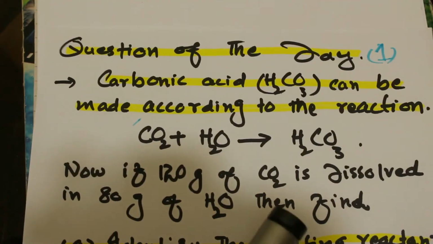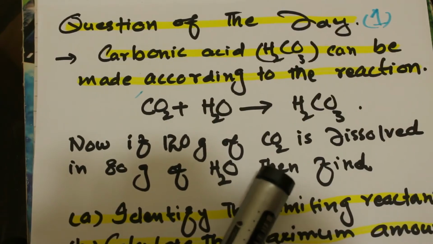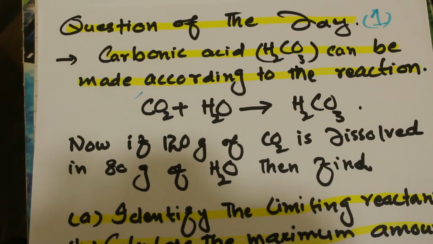Before solving this question, let me give you an idea about the excess and limiting reactant. So the limiting reactant is the kind of reactant which consumes earlier in a reaction, and the amount of product which forms totally depends on the limiting reactant, or you can say the limiting reactant actually controls the amount of product which forms.